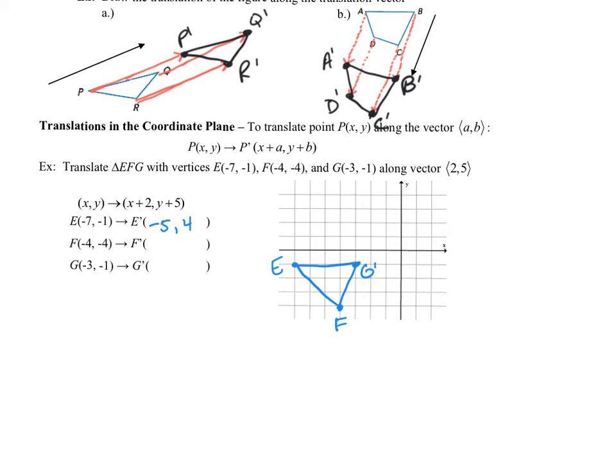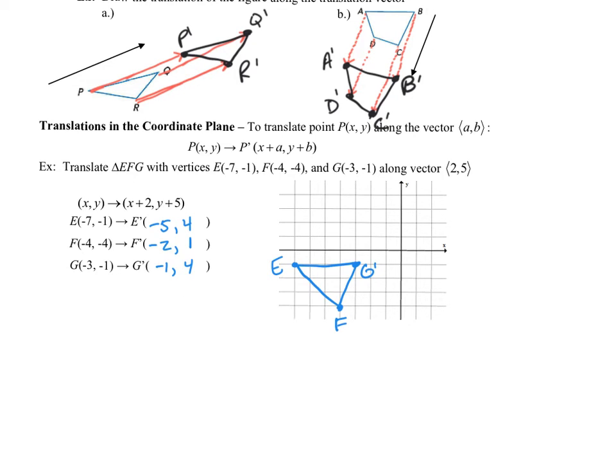Okay, and then -4, -4, when I add 2 to -4, I get -2. When I add 5 to -4, I get 1. And then G becomes G prime with coordinates -1, 4. Because -3 plus 2 is -1, and -1 plus 5 is 4.